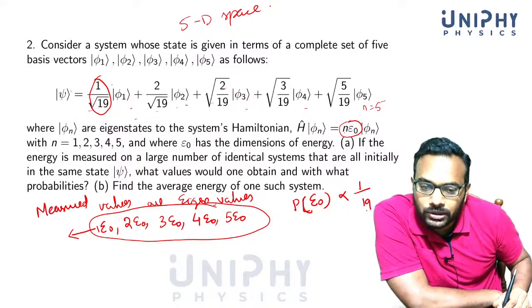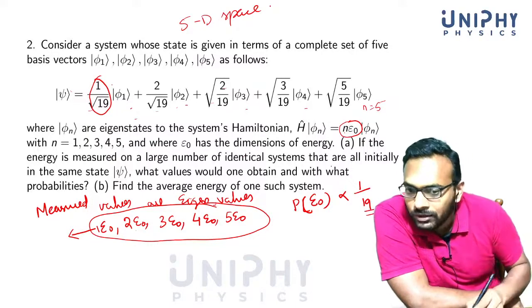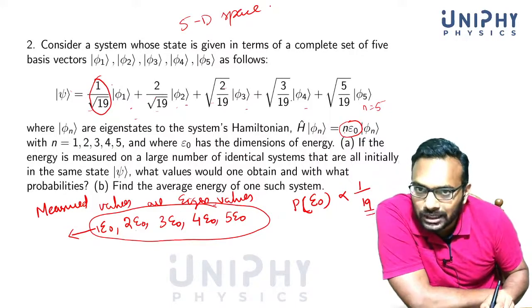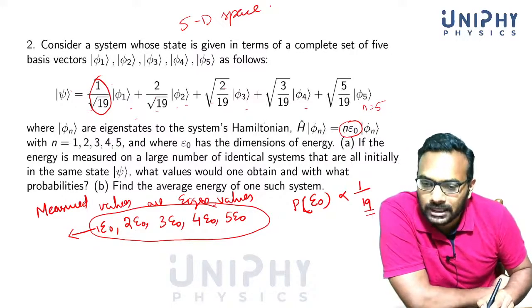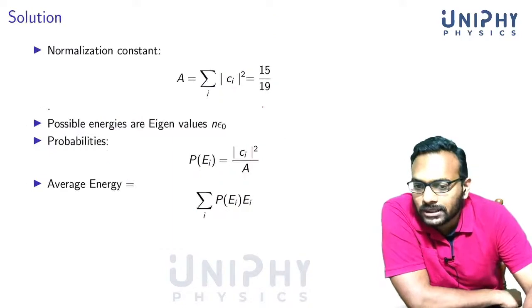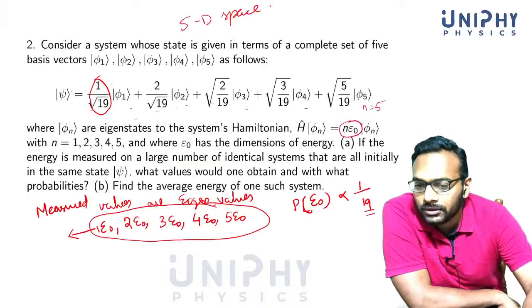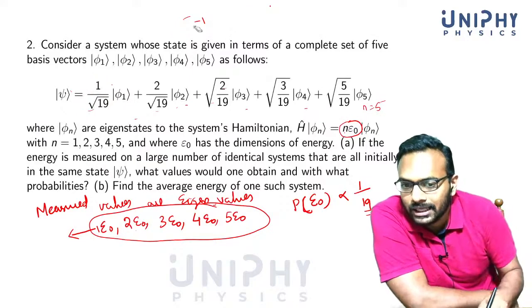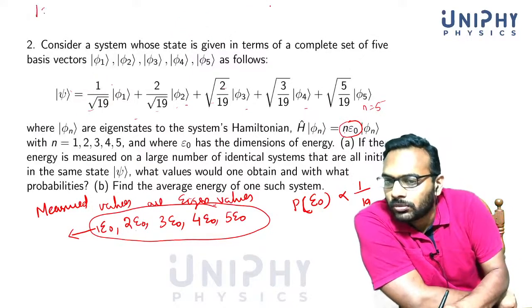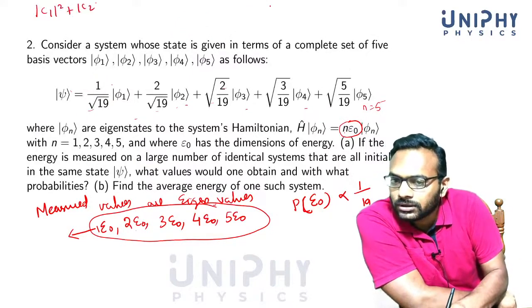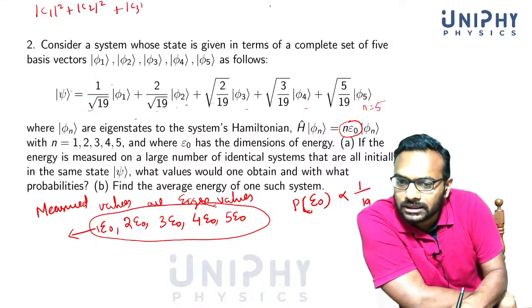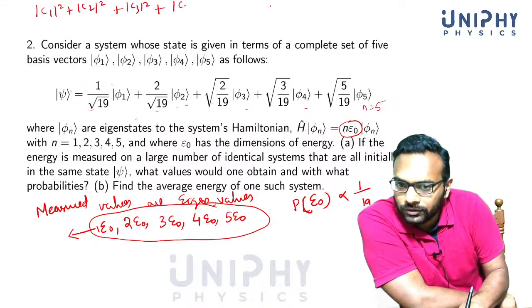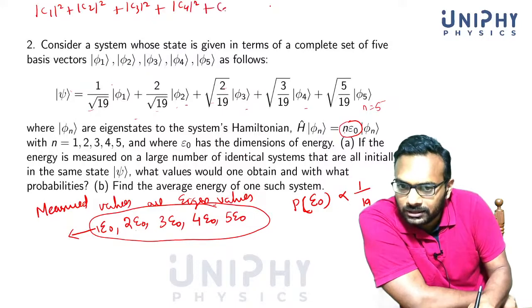Now, in order to make this proportionality into equality, we need to make sure that this is normalized. If it's not normalized, you have to normalize. So you just square these terms and add: modulus of C1 square plus modulus of C2 square, modulus of C3 square plus C4 square plus C5 square.